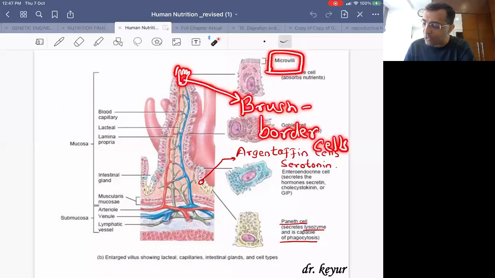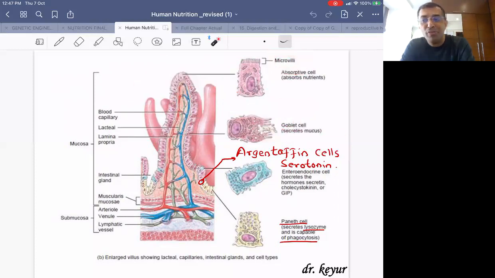The upper surface of these columnar cells has a lot of finger-like projections called microvilli, and the entire villus is covered by them, and that will increase the surface area tremendously, and absorption will beautifully take place because of villi covered by microvilli.